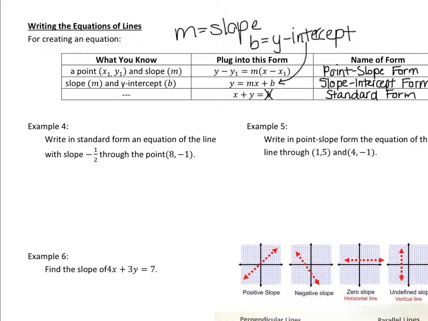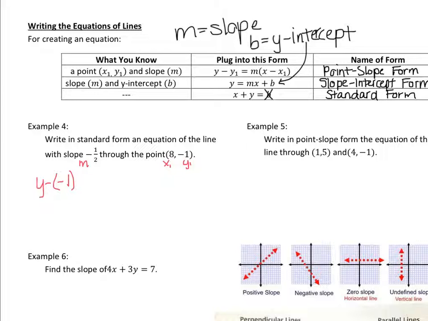So the -1/2 we put in for m, the 8 for x1, and the -1 for y1. In all of them, if it just says x or just y, you leave that in there, because we need an x and a y. You replace the one that says x1, y1. So when we plug it in, we'll get y minus what's y1?